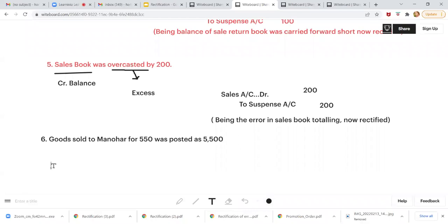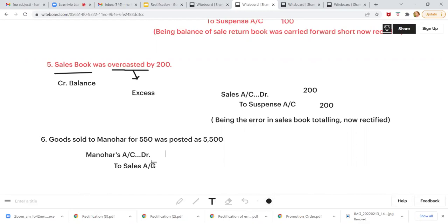So here the sales entry will be Manohar's account debit to sales account credit, right?